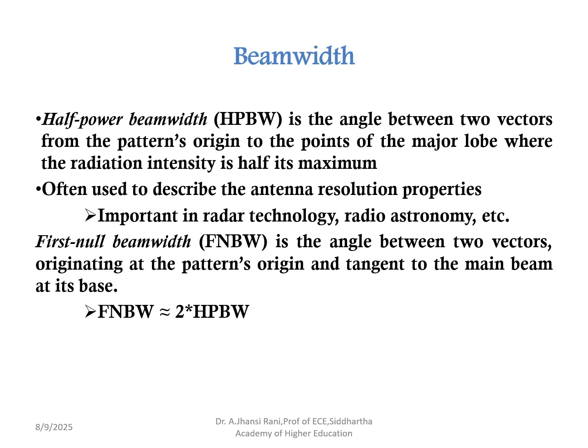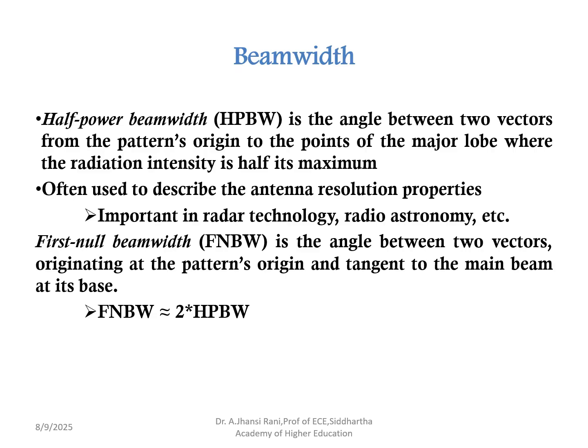Half-power beamwidth is the angle between two vectors from the pattern's origin to the points of the major lobe where the radiation density is half of its maximum. It is used mainly in radar technology and radio astronomy.